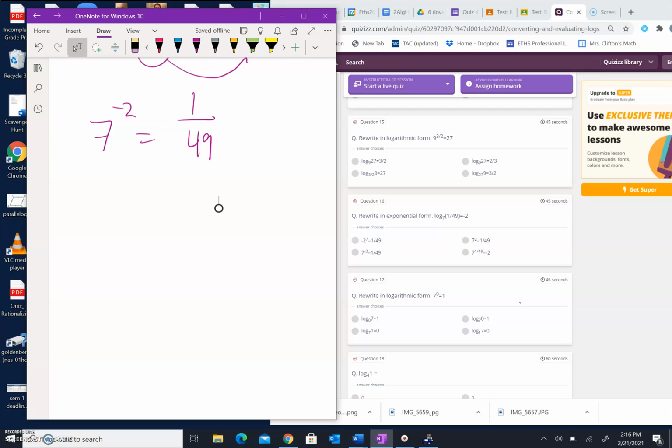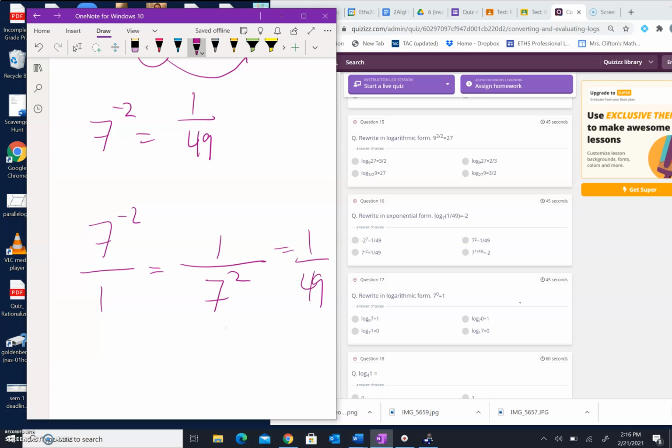Remember, a negative exponent, I'm going to consider this as like the top of a fraction. It's like over 1. Negative exponent on top goes to the bottom. So it's going to become 7 squared. Notice the exponent changes from negative to positive. And then I want to write it as 1 on the top, right? Not a 0, because then the fraction's equal to 0. And then that's going to become 1 over 49.